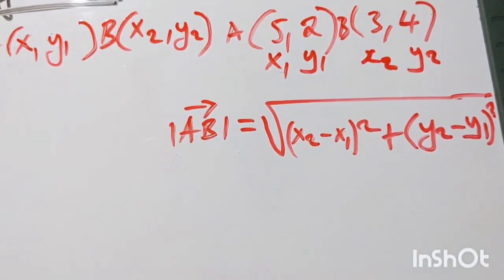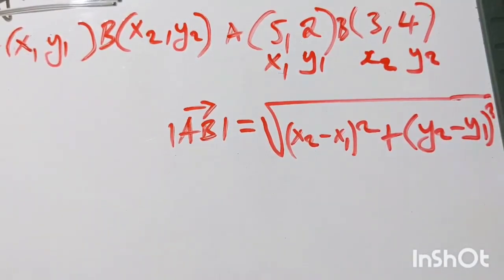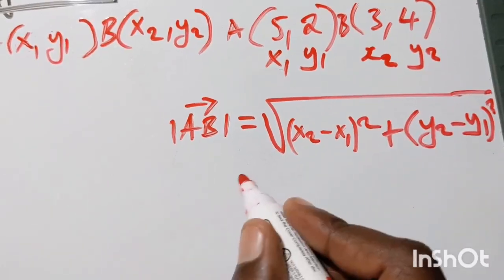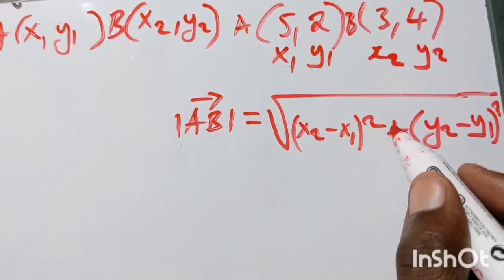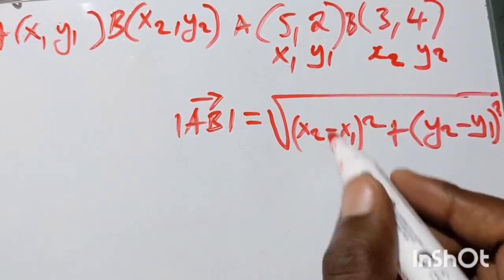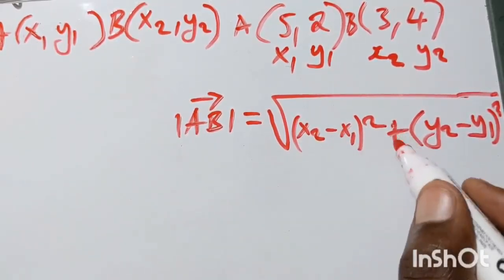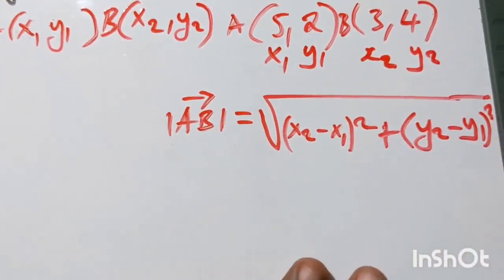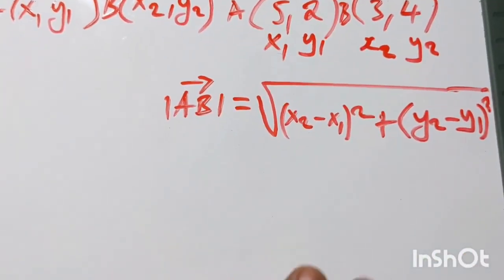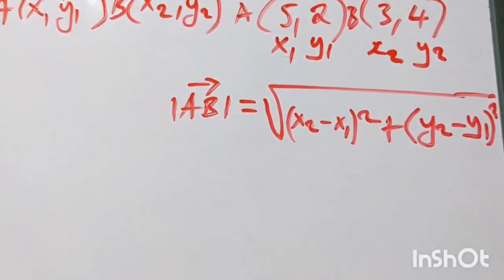That is the formula you can use to find the magnitude. Most people make a mistake when putting this, they put a positive here and a negative there. No, the formula has to be like this. Make sure you do not forget this formula, because it is so useful.